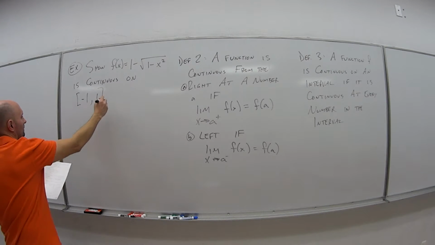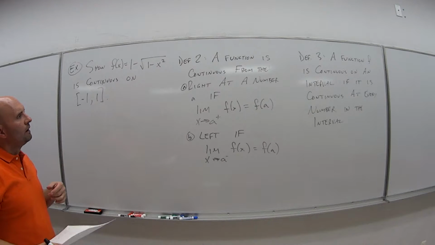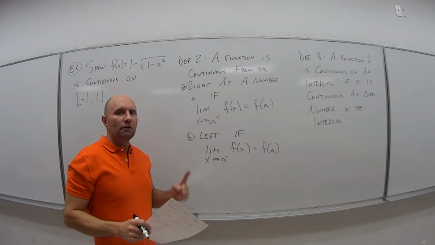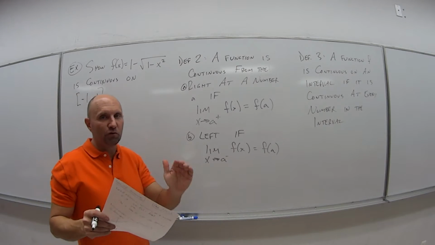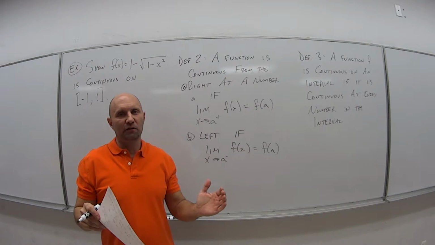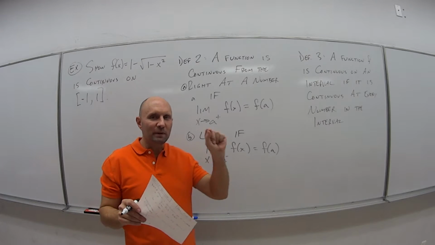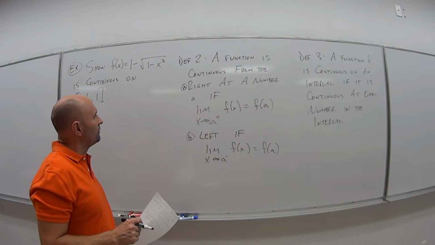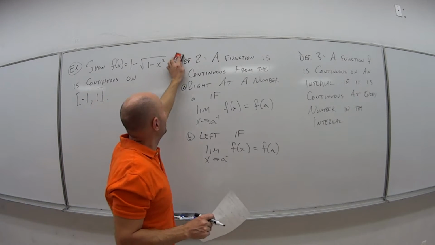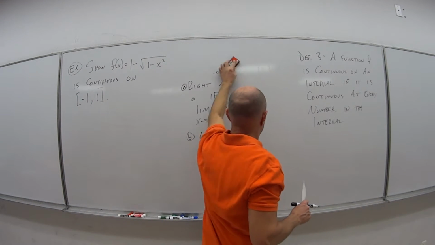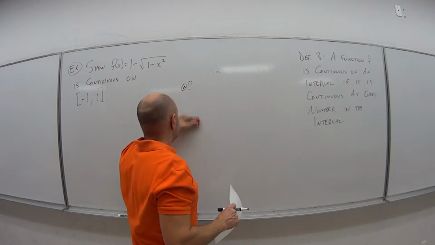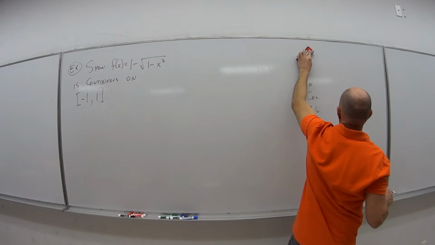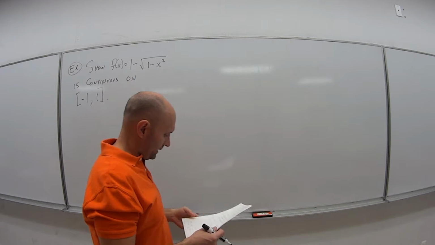Remember, that's what that bracket means to us. So in this situation, we actually have to look at this in two parts. The first part is just between -1 and +1. And then the second part would be actually at those endpoints. And that's using sort of both of these different definitions that we just had here. So can we prove that it's continuous on the interval, and then can we also show that it's continuous at those endpoints?